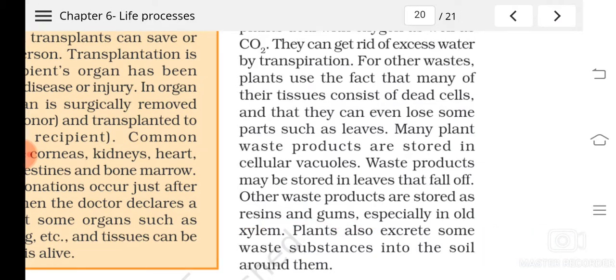I'll be sending the notes also, and you will have to prepare three topics for your pre-midterm. Excretion is not there. You need to prepare nutrition, respiration, and transportation, the life processes.